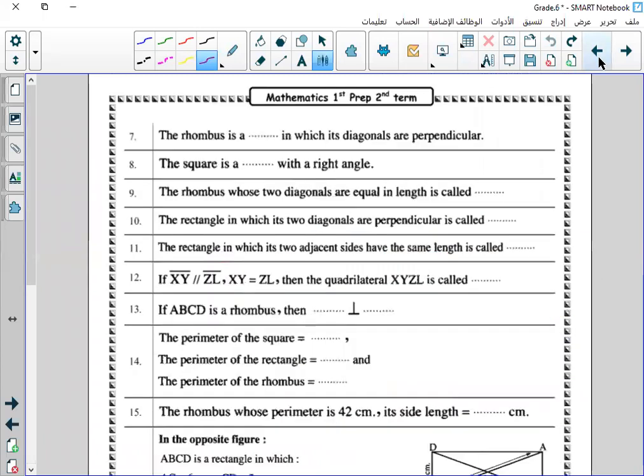Number seven. The rhombus is what in which the diagonals are perpendicular? Who can answer?